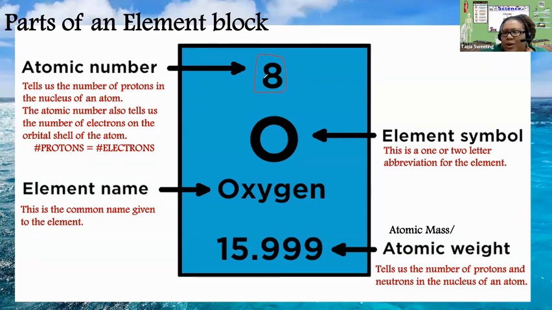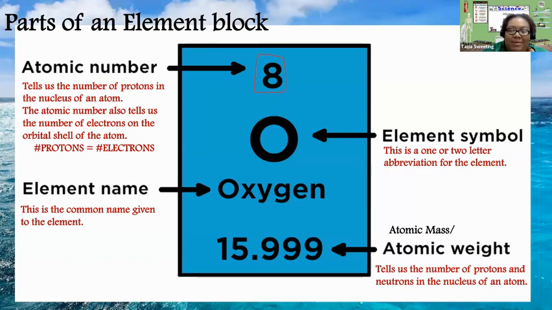And where do we find protons, by the way? They are found in the nucleus. Yes, it is the center, but please remember to use the proper term: we call it the nucleus. So the protons are found in the nucleus of the atom.